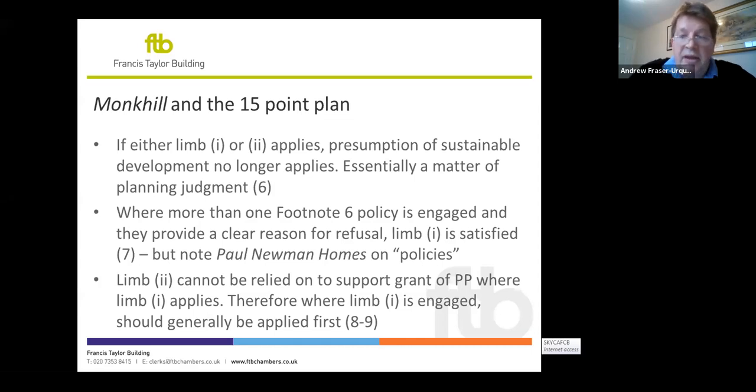So generally speaking, the way to do it then is to look at Limb number 1, i.e. are there any clear reasons arising out of policies in that exclusive list in footnote 6? If there are, that's it. You refuse permission, end of. You don't even get to the tilted balance. And even if the tilted balance, had it been able to apply, might have suggested a grant of permission, if Limb 1 is made out, that's an end of it, and the second limb becomes irrelevant.